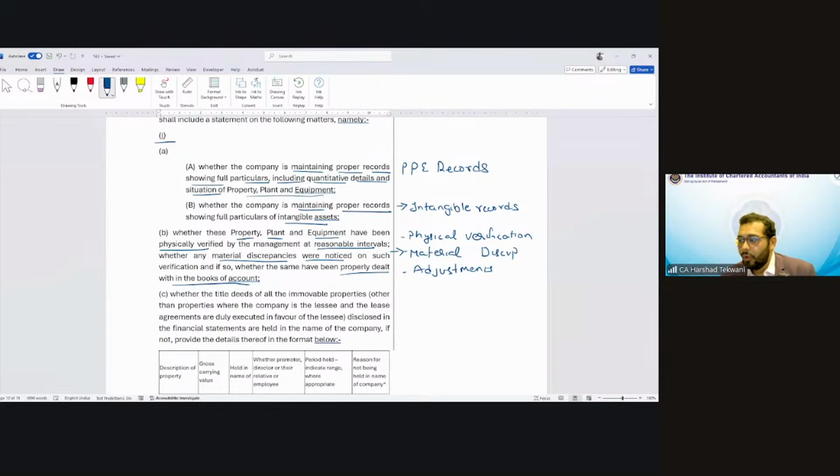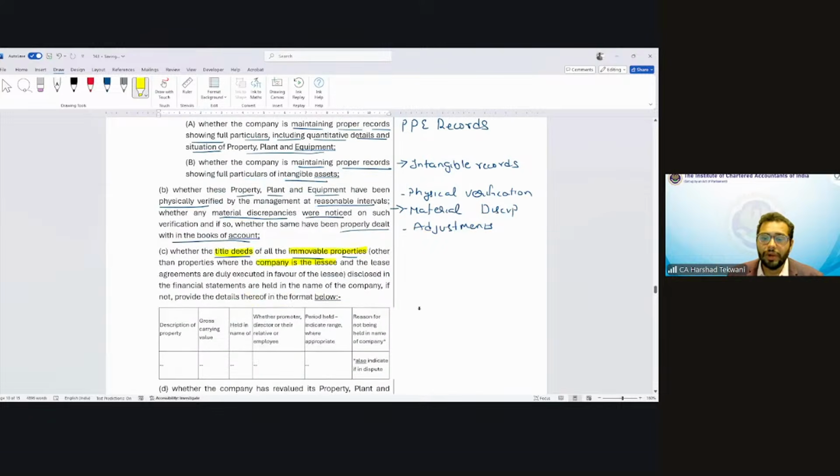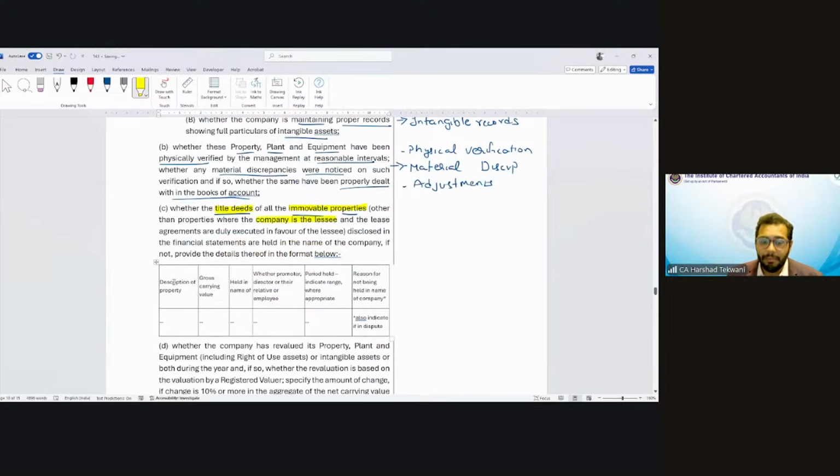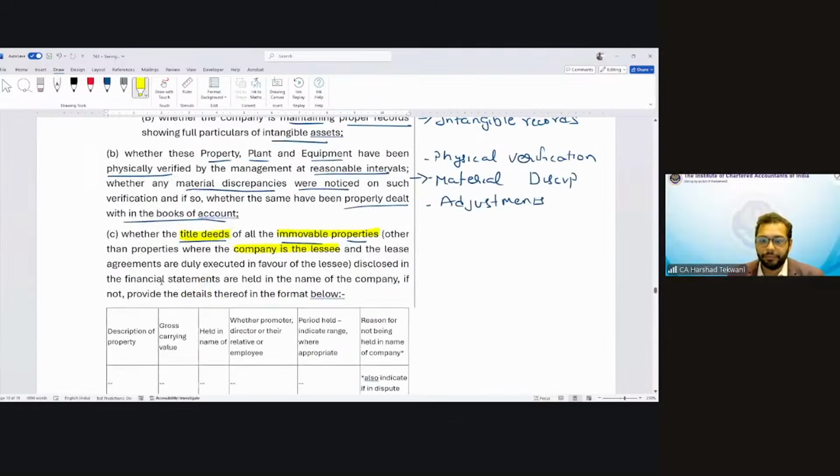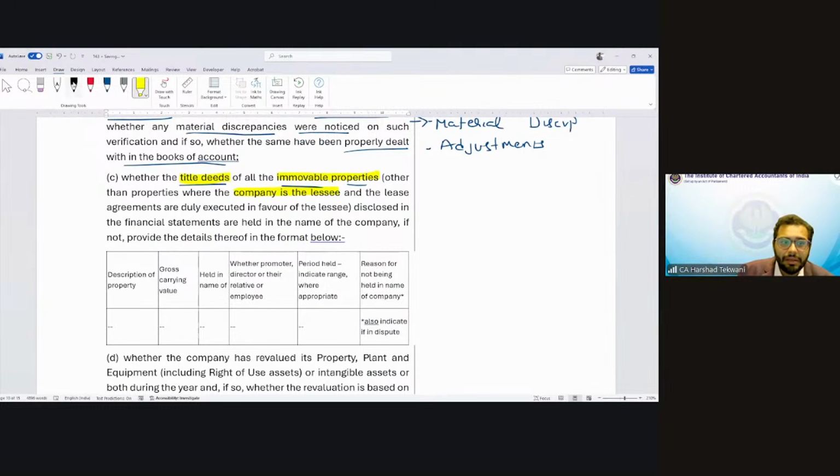There is one more area that we are required to report with respect to the immovable property, which deals with the title deeds of the immovable property. Now we are focusing on the title deeds of immovable properties, other than the properties where the company is lessee, like other than the long-term lease. This clause requires us to report the details of the immovable property which are not in the name of the company, disclosed in the financial statements.